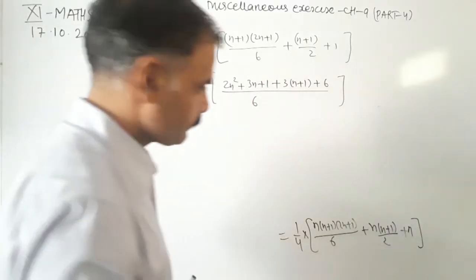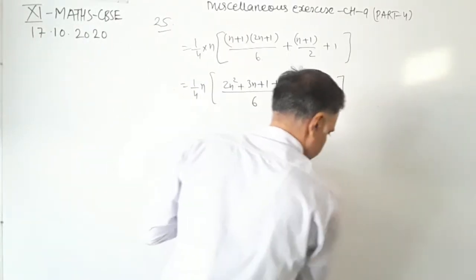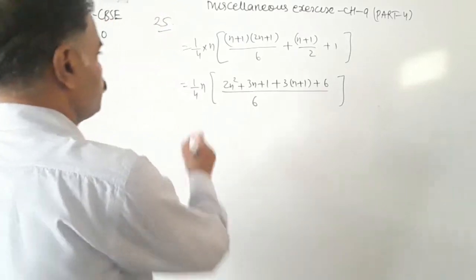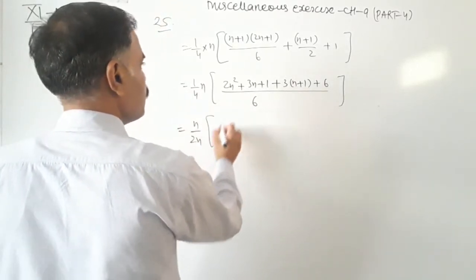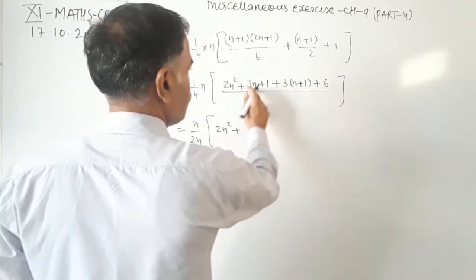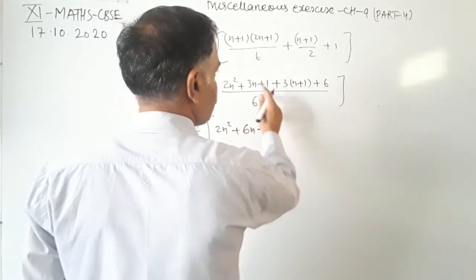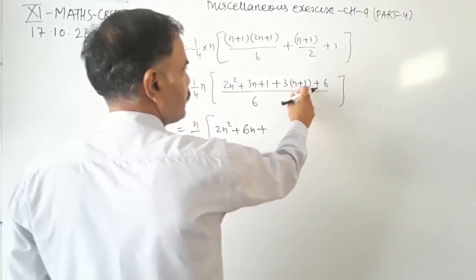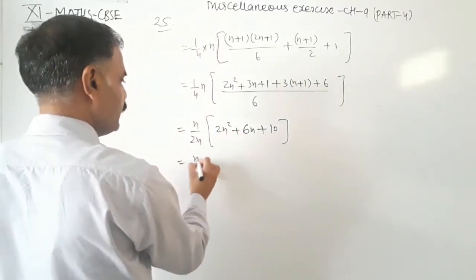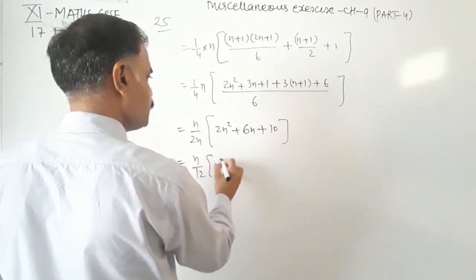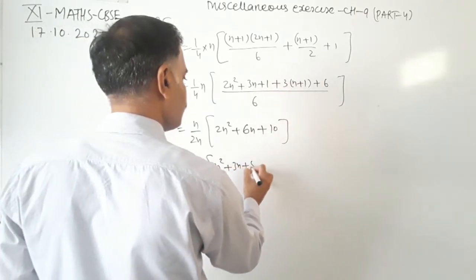So solving this, we will have n by 4 into 6, that is 24, into 2n square plus 3n plus 3n is 6n, plus 1 plus 3 plus 6 is 10. So taking 2 as common, n by 12 into (n square plus 3n plus 5).